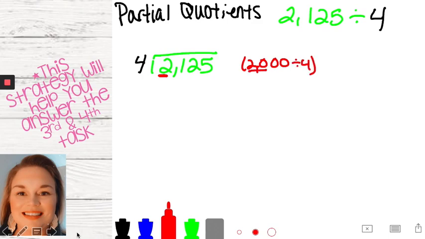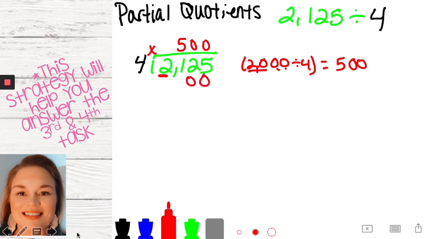And I always find my basic fact of 20 divided by 4, or 5 times 4 gives me 20, and then I add on those 2 zeros. So I have 500. That's a partial quotient, and I need to line it up within the place values on top of the dividend. I will then multiply 500 times 4.